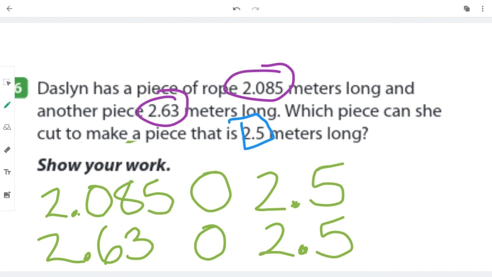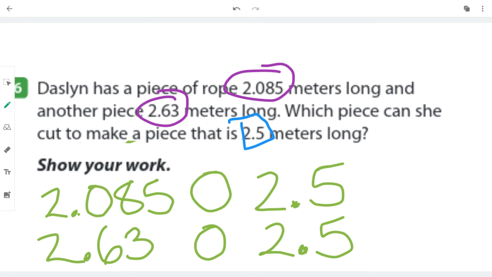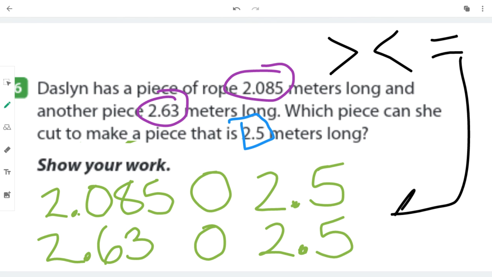So what you're going to do is set up your problem the same way, and you're going to use the greater than, less than, or equal to symbol to complete both statements. You're looking for the number that is greater than 2 and 5 tenths. That'll be your answer. Which of these numbers is greater than 2 and 5 tenths?